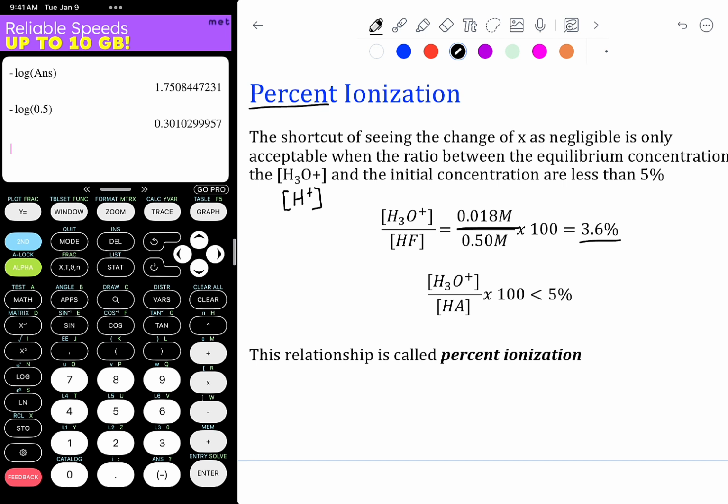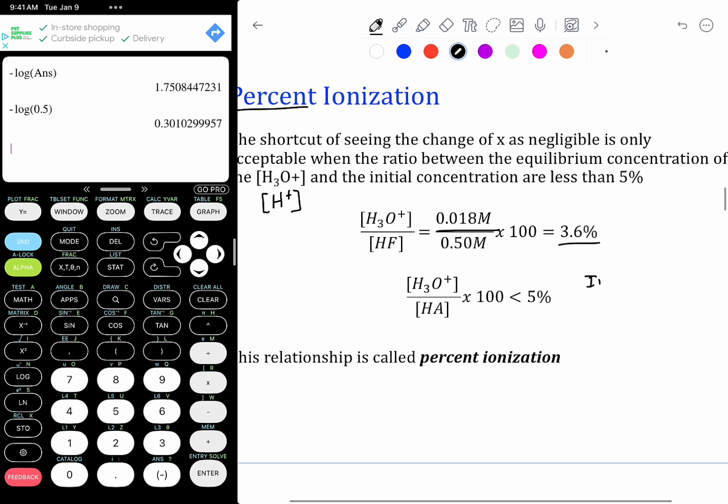As long as that ratio, that percent, is less than 5, then our shortcut can be used to solve for our equilibrium concentrations appropriately. There may be some times where, yes, Ka is small, but the initial concentration is also small. So any change would actually make an effect, and that percentage would be higher than 5. If it is higher than 5, you have to go back and use the quadratic equation.